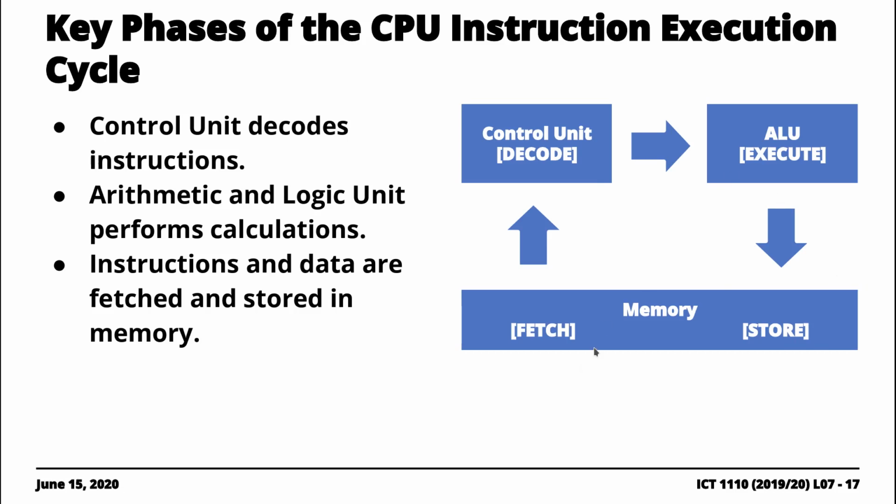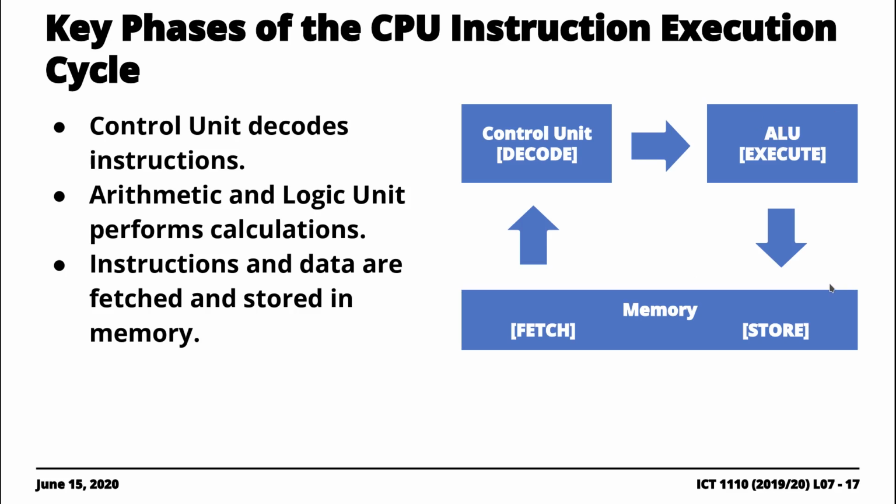So at some stage in the machine cycle or instruction cycle, an instruction will need to be fetched, decoded, executed, and then stored. The result of the execution needs to be stored somewhere in memory.